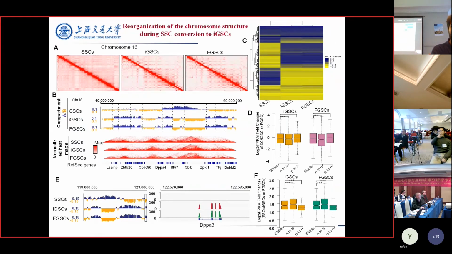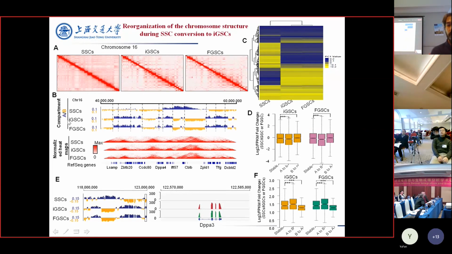Okay, nearly finished. We also looked at the chromosome structure. During SSC conversion to IGSC, it becomes similar to IGSC, while another is transcribed to male germ cells, and we find a reorganization of the chromosome structure. This is SSC, this is IGSC, and FGSC.